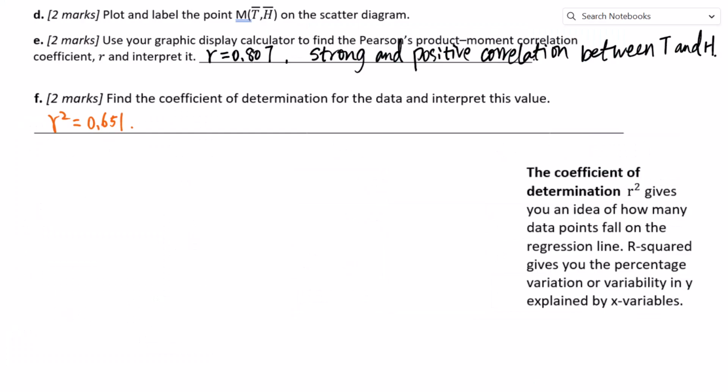How to interpret the coefficient of determination?